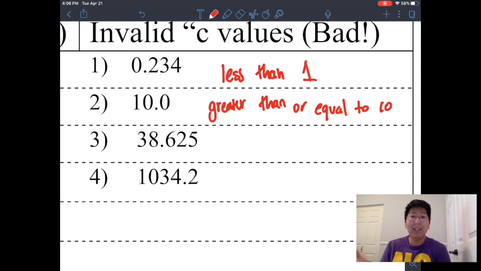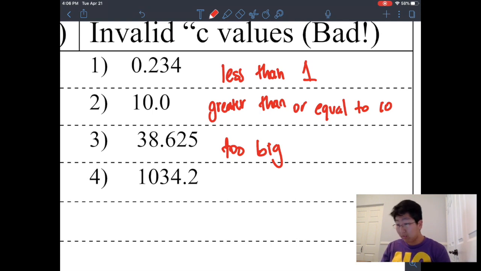So remember, it has to be less than 10. It can't include 10. All right. 38.625. 38 right there, it already tells you that it is going to be greater than 10. So this is no bueno. Too big.